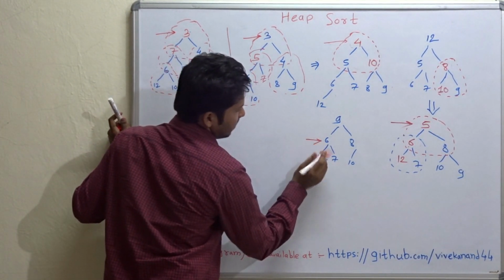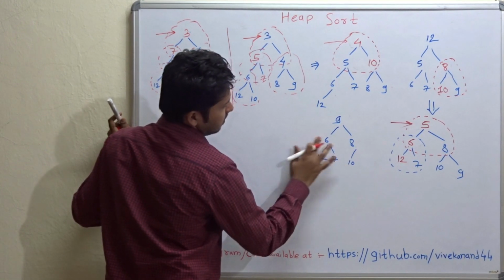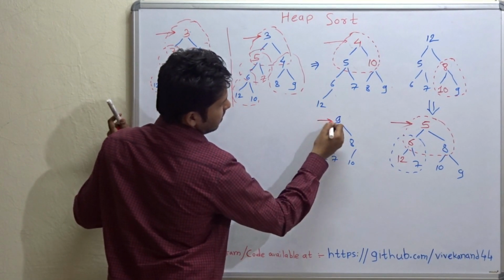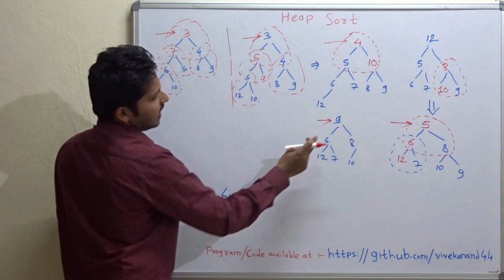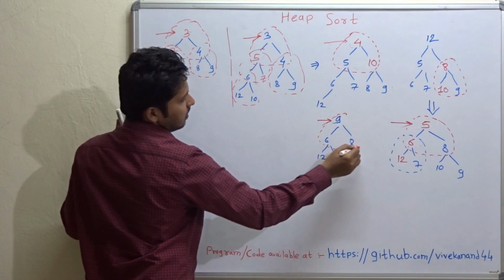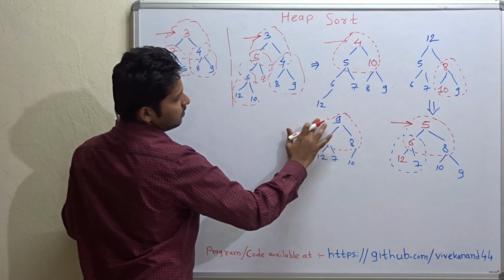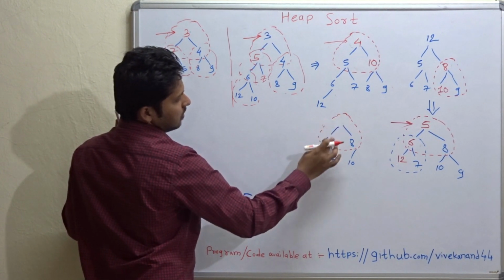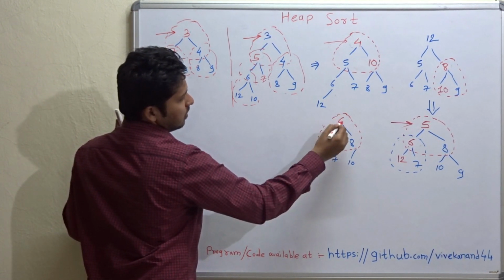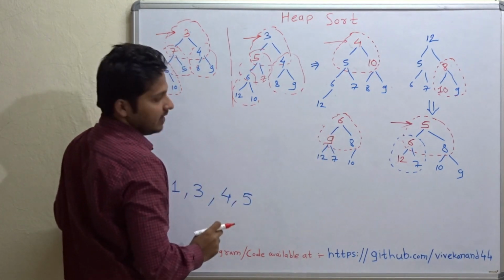Go to this level. 6 is less than 12 and 7. 8 is less than 10. Let's go to this level. 9 is greater. So out of these three, what is minimum? 6 is minimum. 6, 9 and 8.